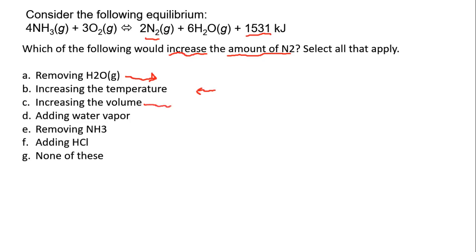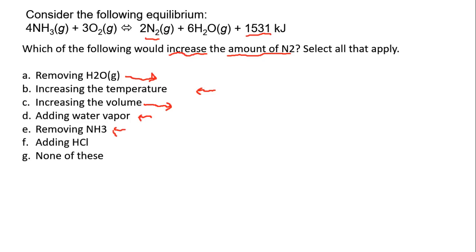It's going to shift to make products because it has more moles of gas. Adding water vapor, again, water vapor is a product. If we're adding a product, it's going to shift to reactants. Removing ammonia, ammonia is a reactant. If we remove a reactant, it's going to shift to reactants.